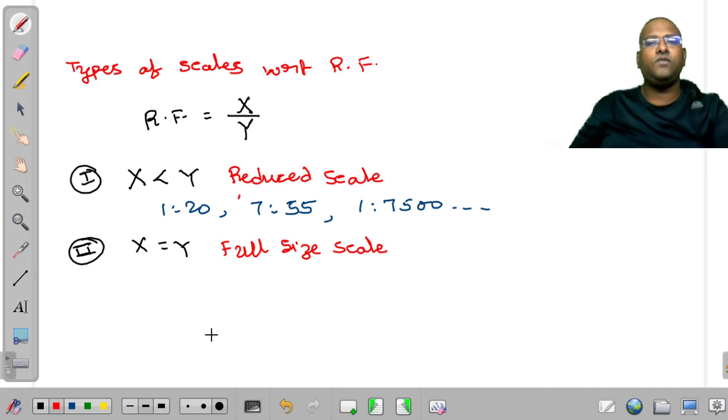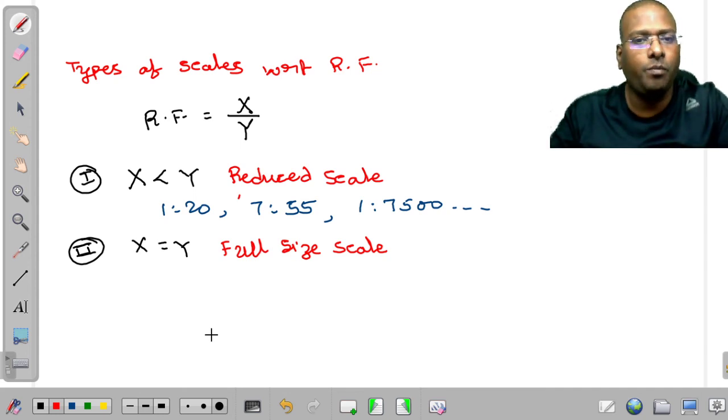Normally whenever it is a full scale, there is no need to mention the scale information below the drawing. Whenever it is a reduced scale, definitely we have to write scale is equal to so and so, or RF is equal to so and so. But once it is a full length scale, where you take actual dimensions, there is no need to write the information regarding the scale.